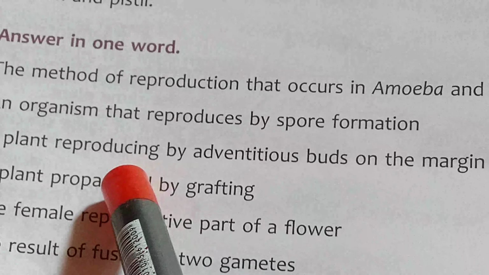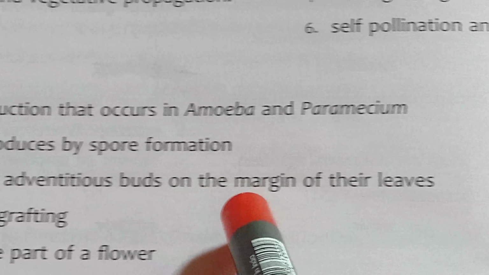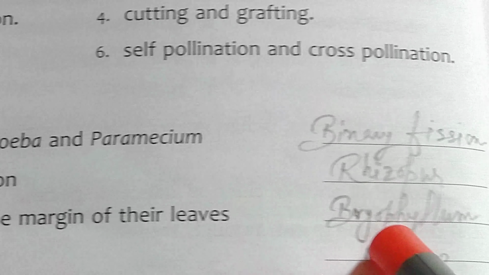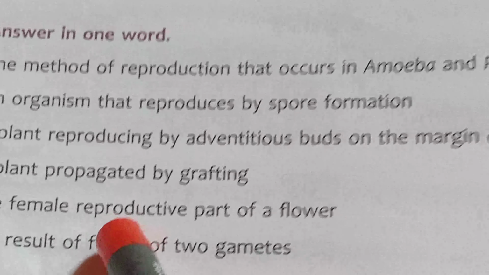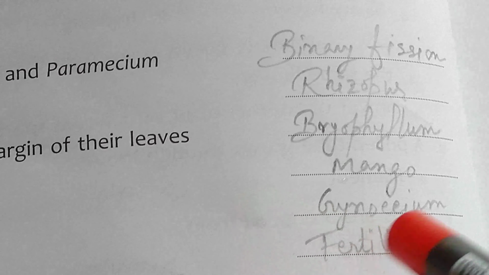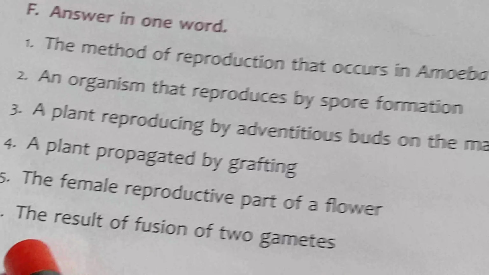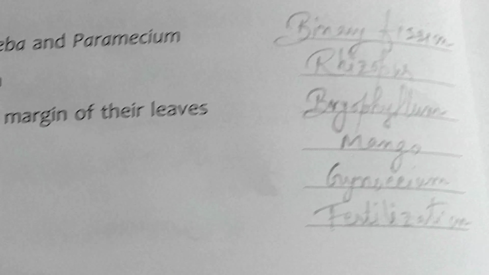A plant reproducing by adventitious buds on the margin of its leaves is bryophyllum. A plant propagated by grafting, mango. The female reproductive part of a flower, gynoecium. The result of fusion of two gametes, this process is known as fertilization.